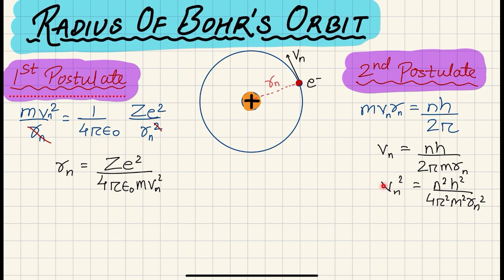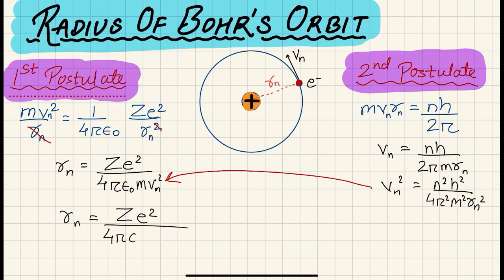Now, I can simply substitute this Vn square into the expression, which gives me Rn equals Z e square over 4 pi epsilon naught m times the quantity m square h square over 4 pi square m square Rn square.